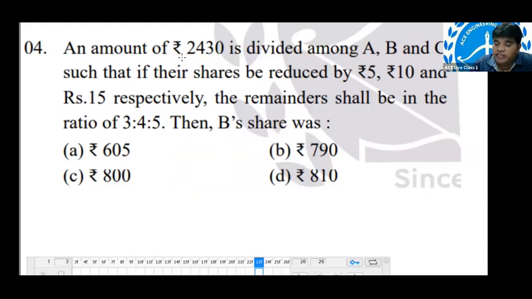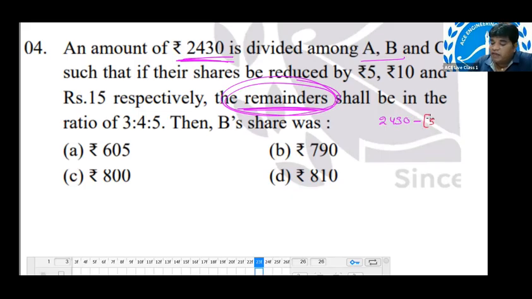An amount 2430 is divided among A, B, C such that if their shares are reduced by 5 rupees, 10 rupees, 15 rupees respectively, the remainder, this word is very important, is in the ratio 3:4:5. Actually, of 2430, A is reduced by 5, B by 10, C by 15.